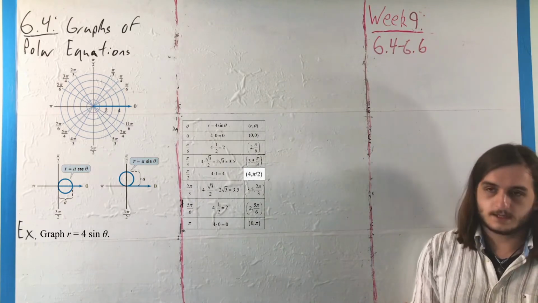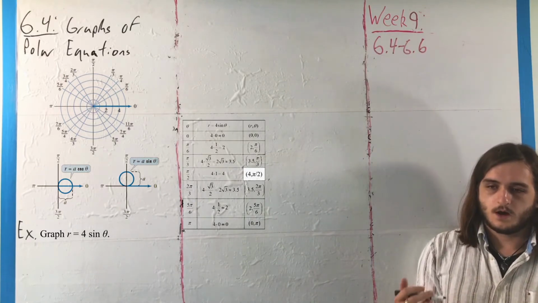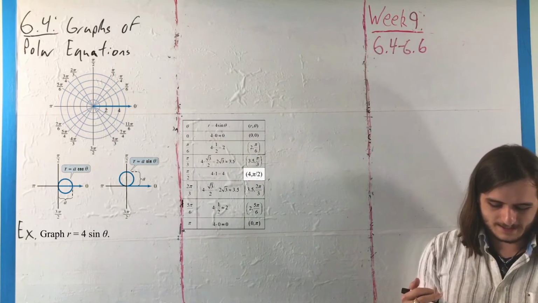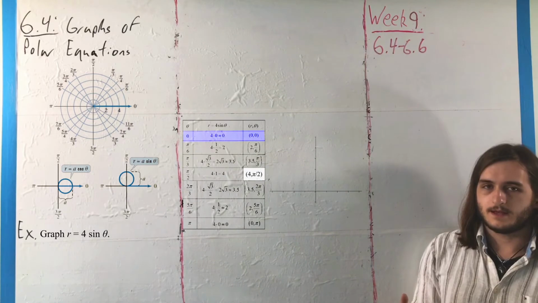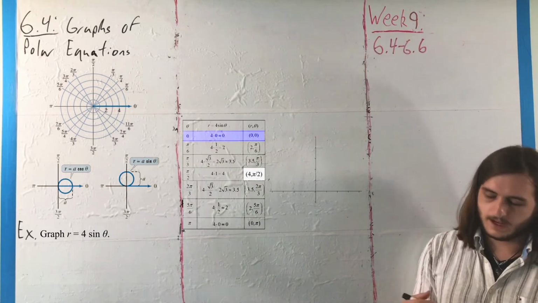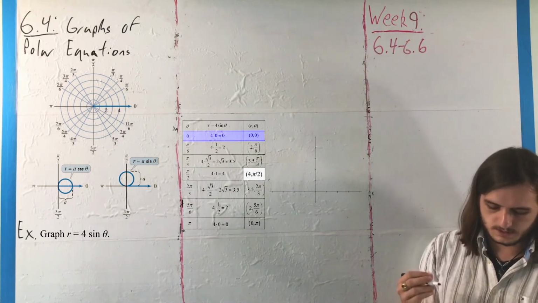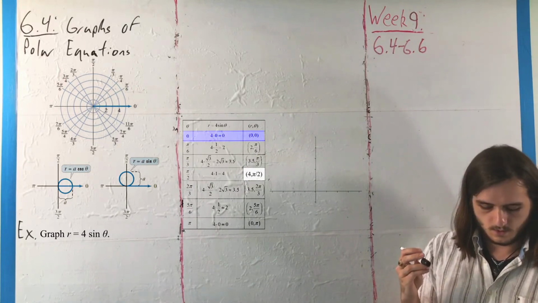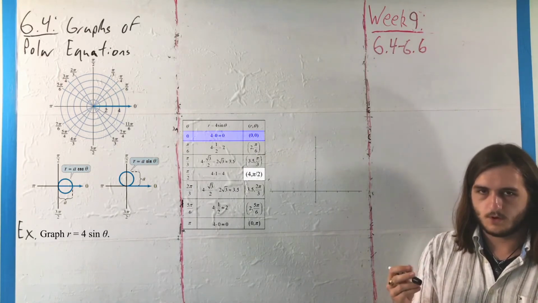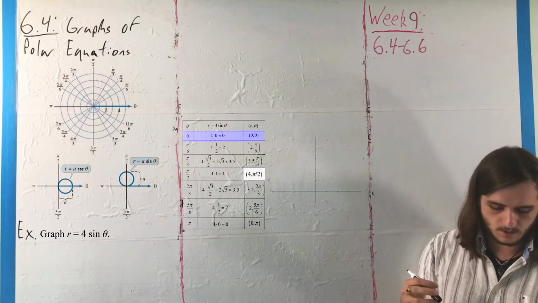So, at the value theta equals 0, that is, when our angle is 0, we would have 4 times sine of 0, or 0, so we would end up at the origin there, at the polar axis, at the pole, as it were.